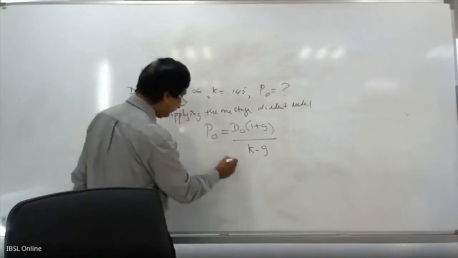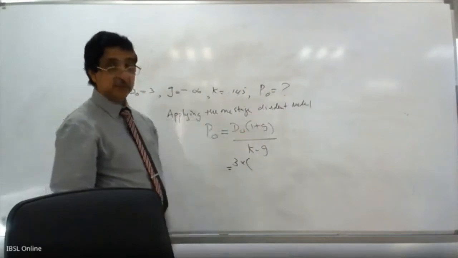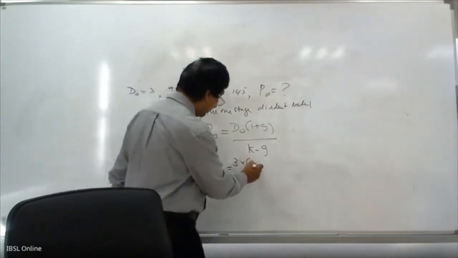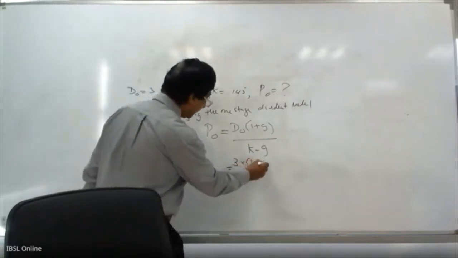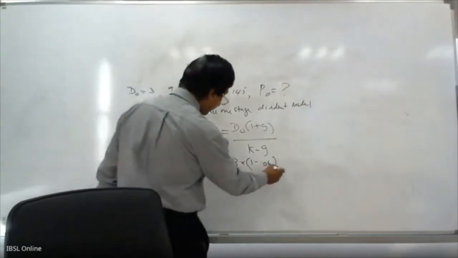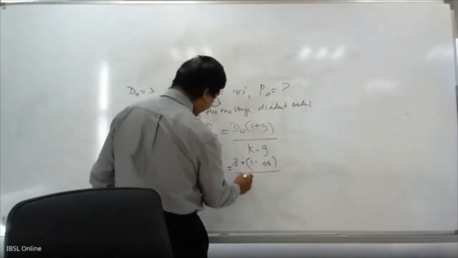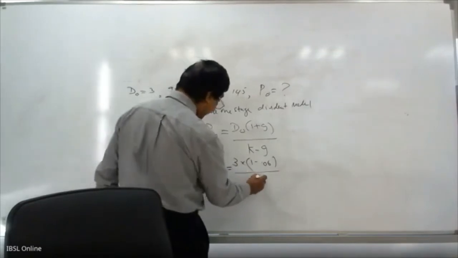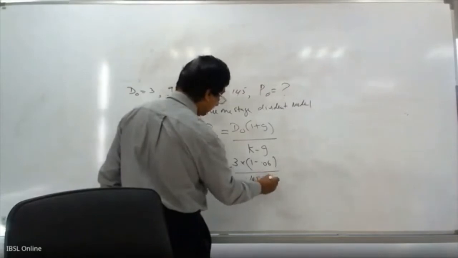D0 is 3, 1 plus G. G is minus 0.06, so 1 minus 0.06, then divided by K minus G. What is K? 0.145, minus. G is a minus value, so therefore we put minus 0.06.